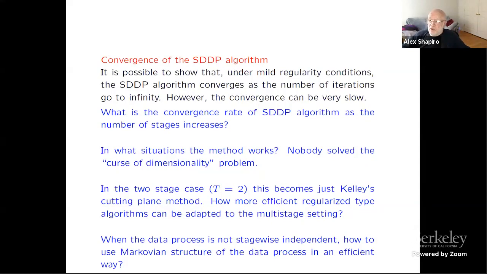Because from a generic point of view, if I have a convex function and I need to approximate it uniformly, well, my solution is random. I don't know where it will hit next time for different sample paths.